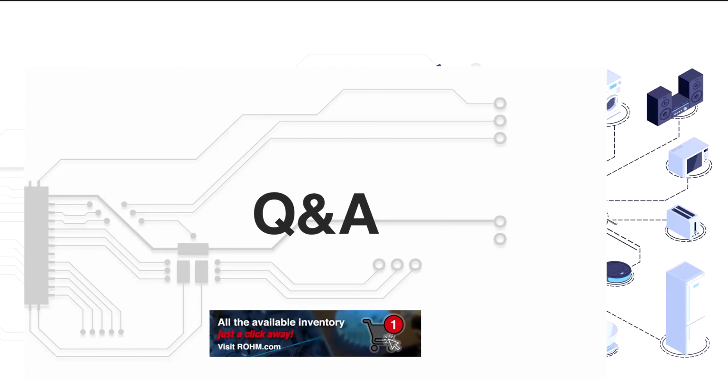Thank you. The next question is TOLL versus TOLT advantages for top-side cooling. TOLT versus dual-sided cooling. Is there any advantage to a double-side cooling package? From a thermal performance perspective, of course dual side cooling is better compared to TOLT, because there are two thermal paths, right?